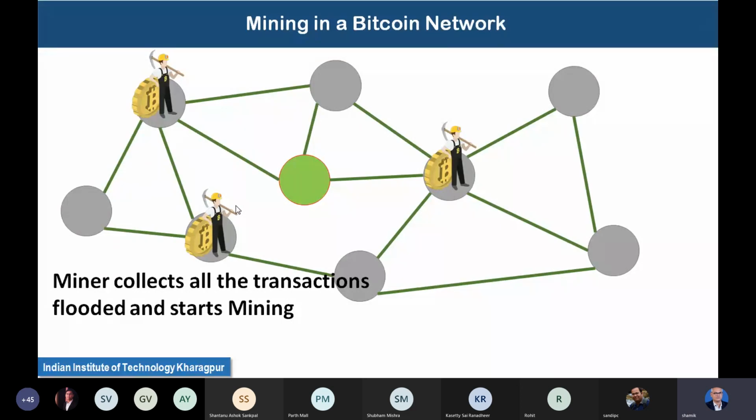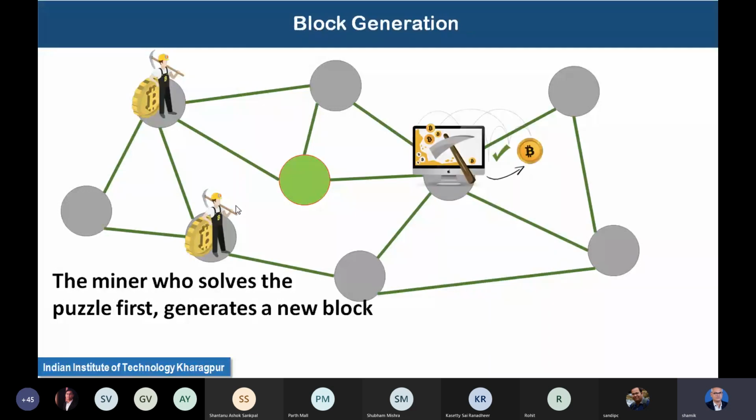As they are trying to put their respective sets of transactions in a block, one of them will be the first to come up with the proper nonce and generate a block with the required level of difficulty. This miner could hit that nonce value and then has created block number 100,001.